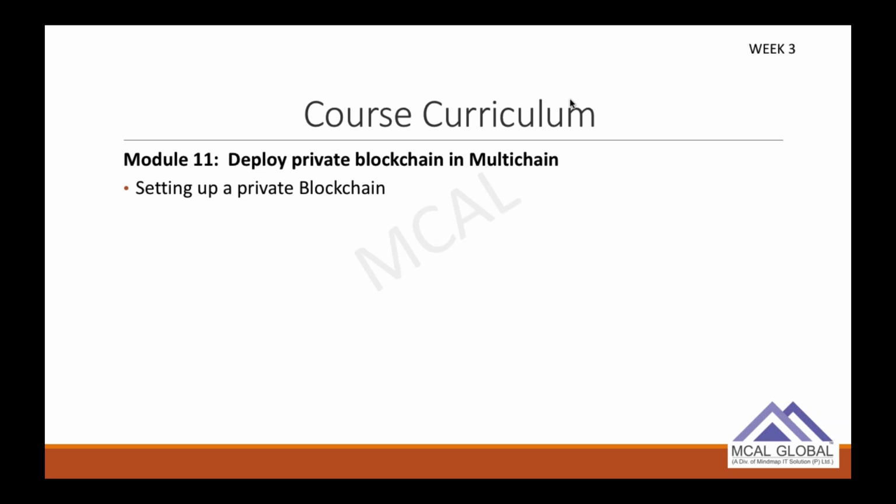That means we have a multi-chain project already, which is open source by the community, and we'll be setting up that project on our machines, and after that we'll be plugging our custom use case on top of it. Multi-chain is basically a platform, and in that multi-chain you have to create a chain to start with.